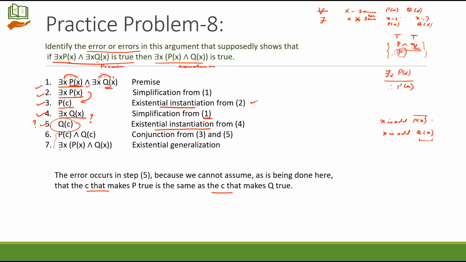So when both the predicates are different, you cannot be sure x will satisfy both of them. In case it is given in this particular format as in the conclusion, we can say this x is applying to both P and Q. When it is given with different quantifiers, for P we have a quantifier and for Q we have a quantifier. In that case, we cannot assume that x is the same in both the cases.